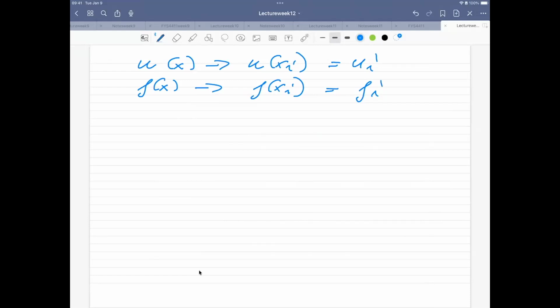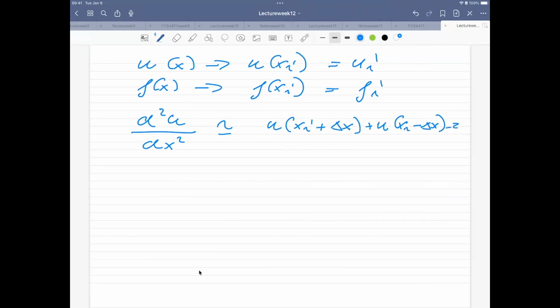Then there is a famous approximation to the second derivative, d²u/dx², which is now approximated with a centered rule. So we use 3 points, one to the left of the center and one to the right. What we get is u of x_i plus delta x plus u of x_i minus delta x minus 2 times u, evaluated at x_i, divided by delta x squared.